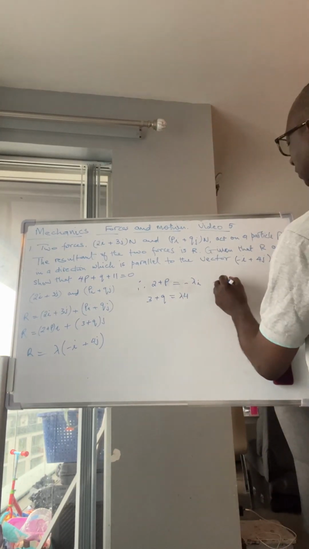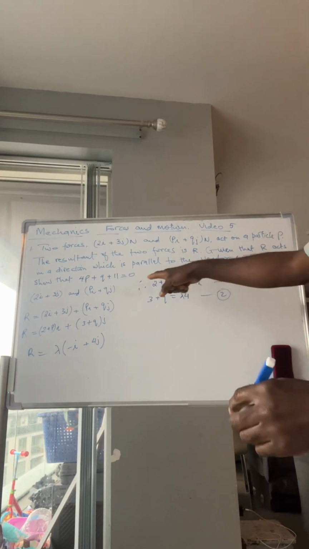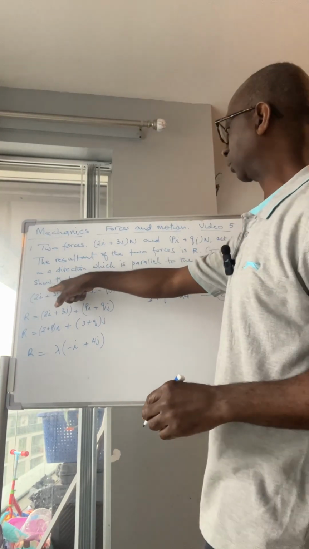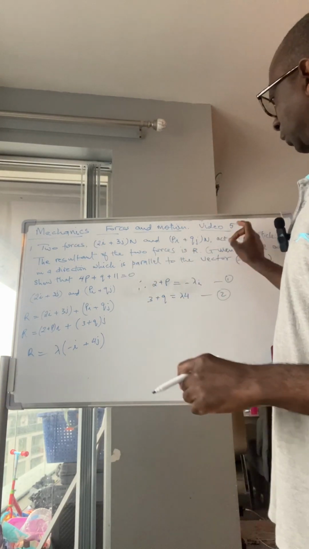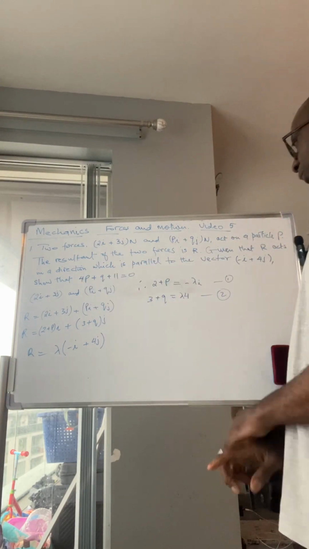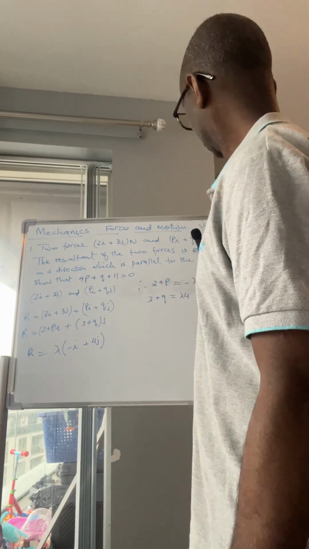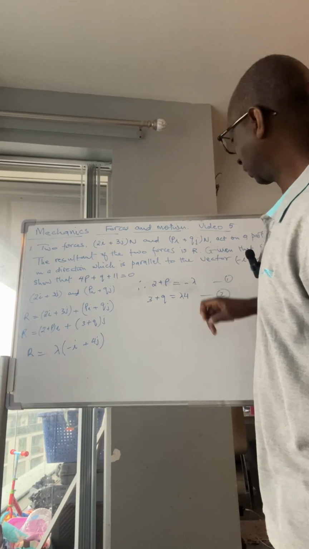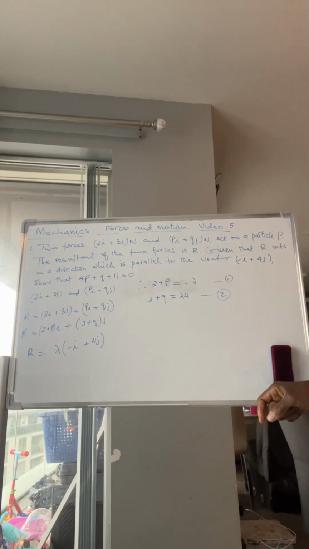If we say this is equation 1 and this is equation 2, they want us to show, in other words prove, the given equation. But when you look at it, there is no lambda here; we have only p and q. So we have to get rid of lambda.